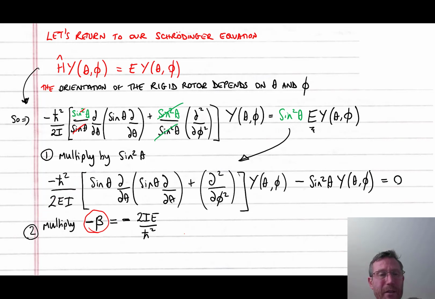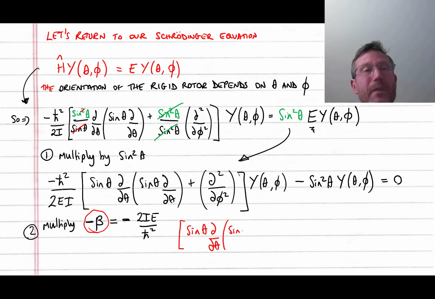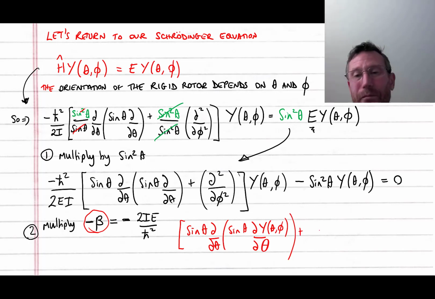This finally comes out to be sine theta d by d theta, sine theta d psi by d theta. So we're going to now bring that psi inside our bracket here, plus d squared psi by d phi squared.